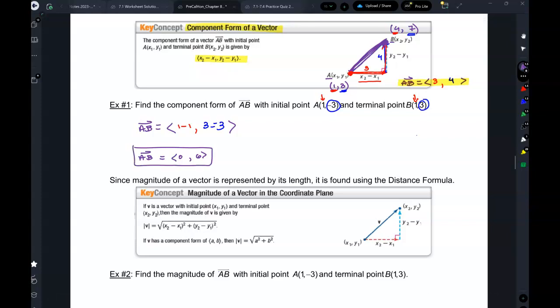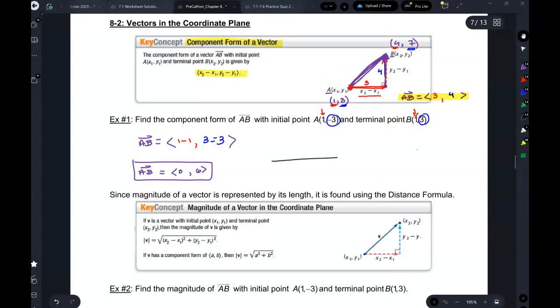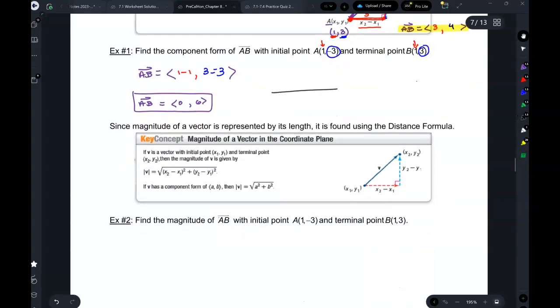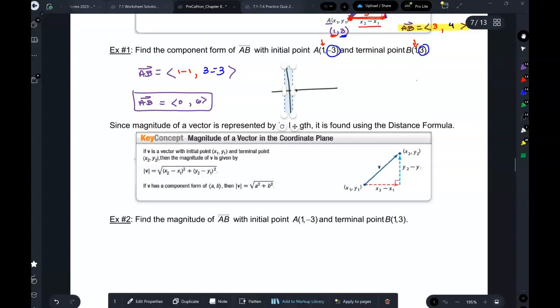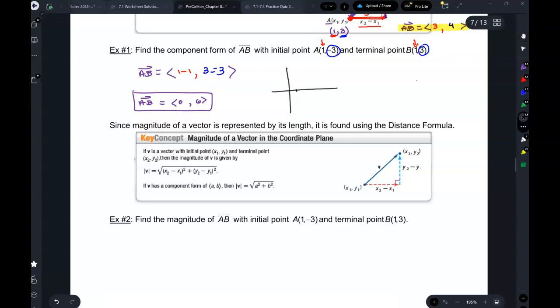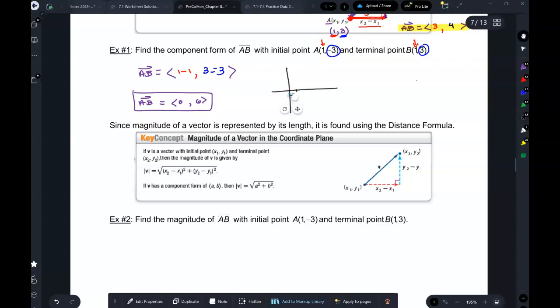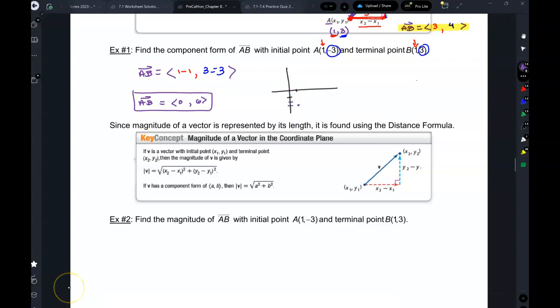Okay, so let's just plot this and see what exactly we're talking about, right? So here, the initial point is (1, -3). So that's right here.